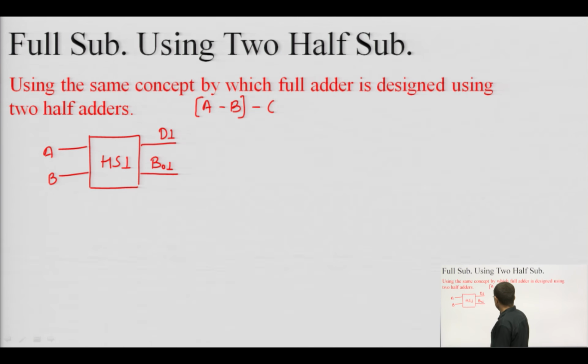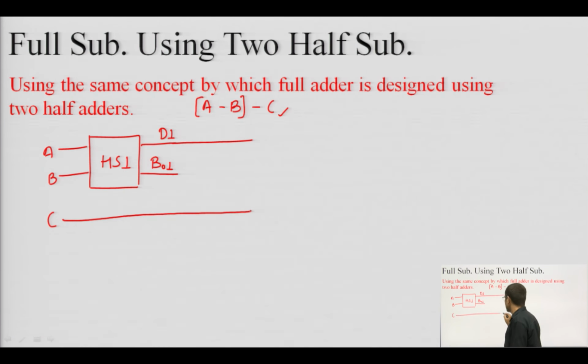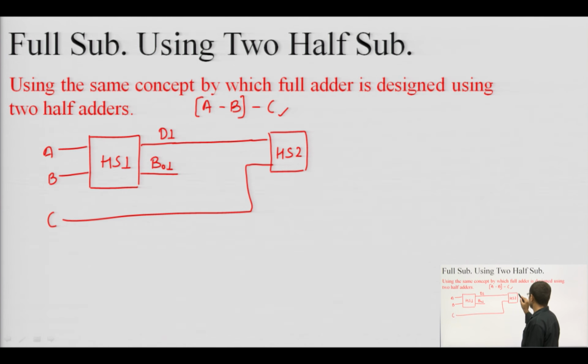Now, from this D1, I have to further subtract this C, for which I need another half subtractor. So, this is my HS2. This HS2 will produce the final difference, because nothing more is to be subtracted, and B naught 2.